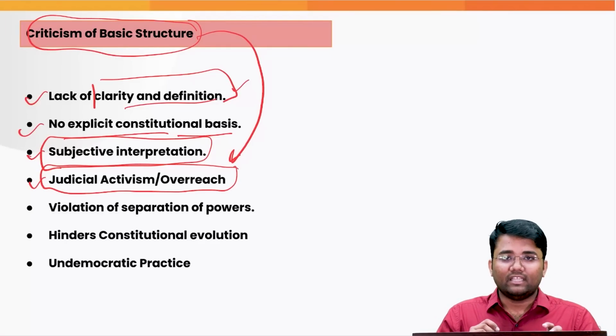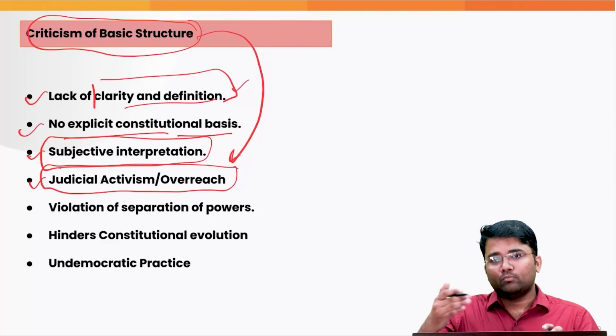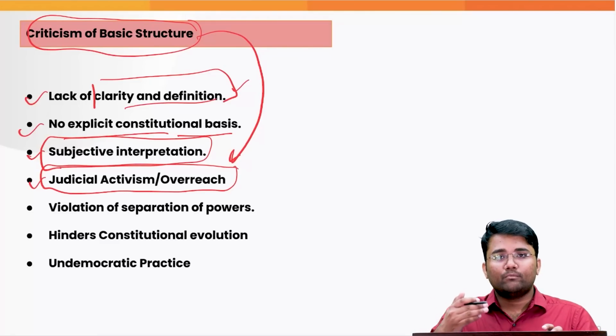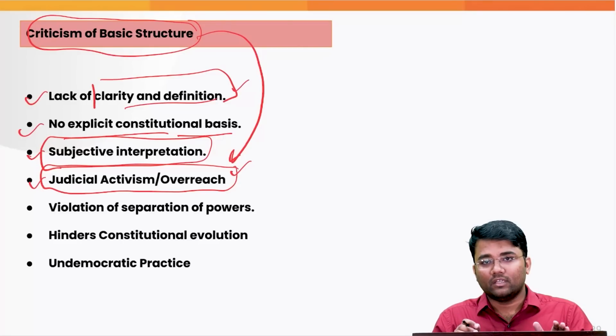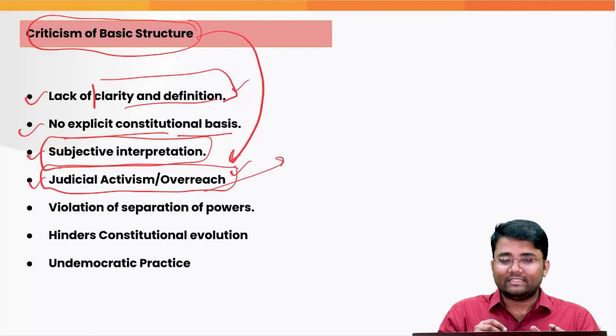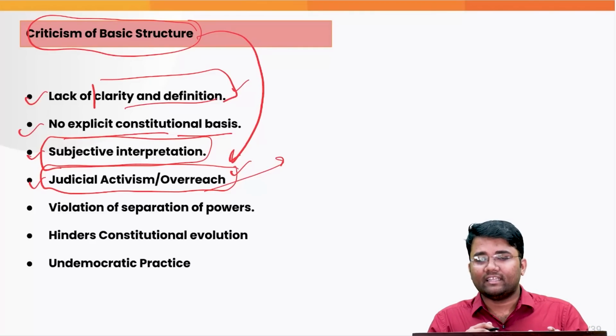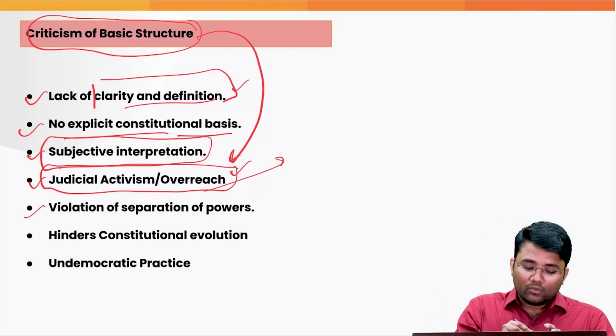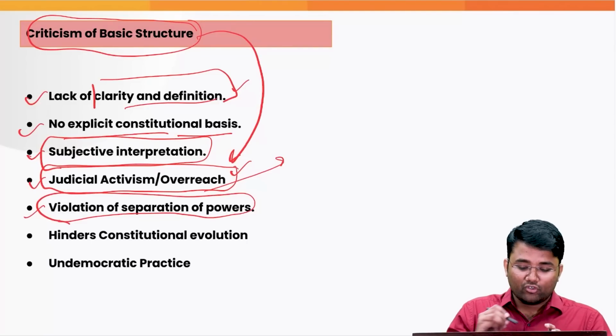Some experts believe that the judiciary is going beyond its jurisdiction, beyond what the constitution asked of it, that their powers are overarching compared to what the constitution wants. It is also a violation of the separation of powers.